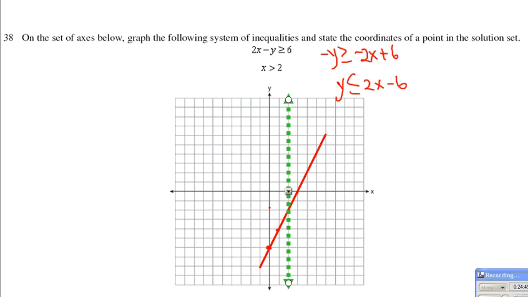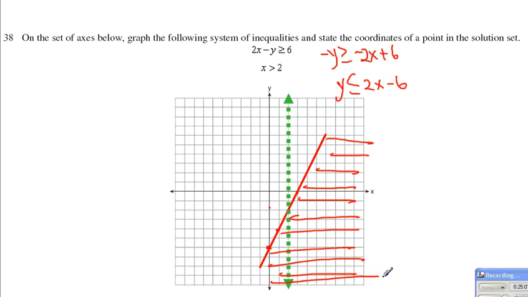All right, so let us start shading. Y is less than that. Y is less than that. So we're looking at this area. But x has to be greater. How can x be greater? Greater means to the right.